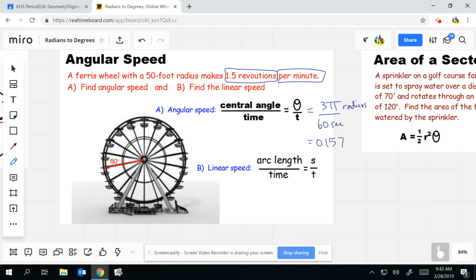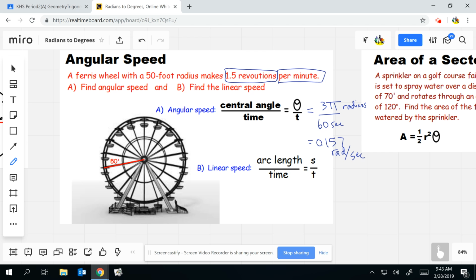So it's 0.157 radians per second. That's how many radians the angle's moving as it goes around, that many radians in every second. So it's a really small amount of radians. Remember, 1 radian would be 50 feet, so it's probably only going like 4 or 5 feet maybe.